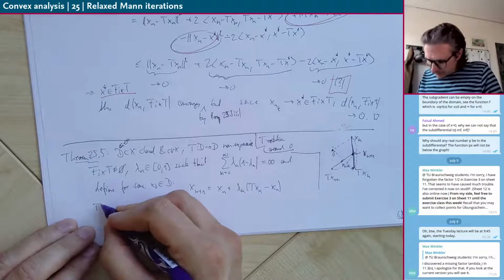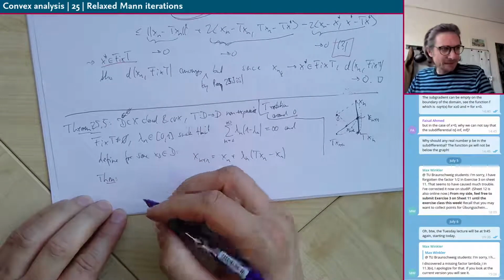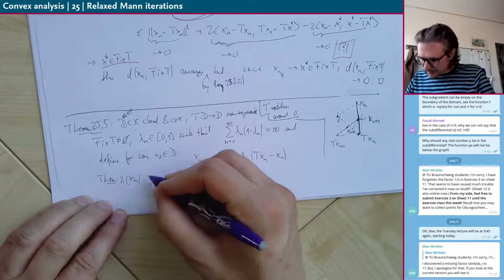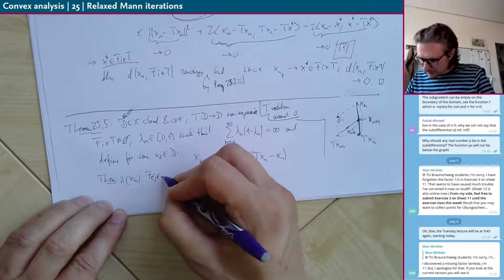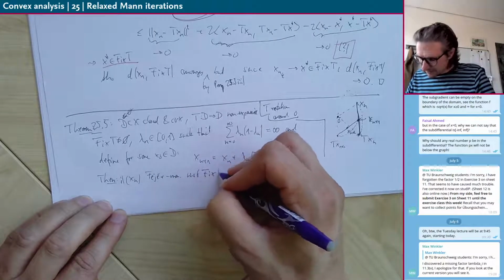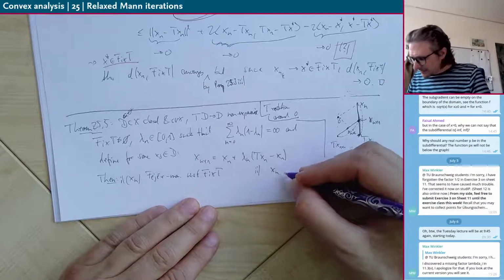So, and then what do we have? Then we know that first, xn is Fejér monotone with respect to the fixed point set. That's already very good. And second, it's asymptotically regular.